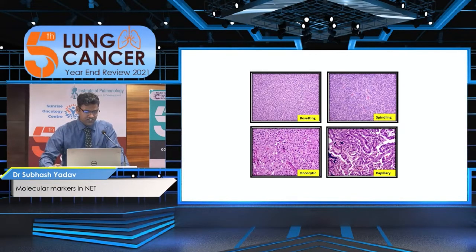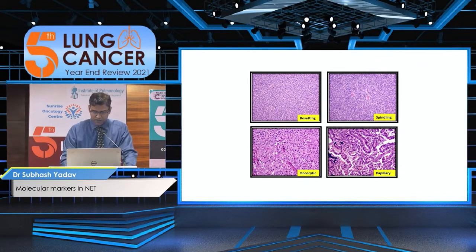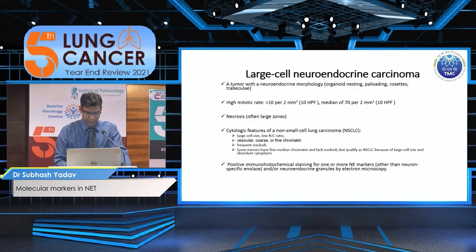Neuroendocrine tumors have a varied pattern. There can be rosette, spindle cell, oncocytic, papillary patterns. This may lead to a diagnostic dilemma. In large cell, it looks like any other epithelial carcinoma, but the mitotic index is high, more than 10. Then maybe there is necrosis, sometimes large cells, and in comparison to small cell, where there is scanty cytoplasm, crushed nuclear morphology, hyperchromatic cells, these cells usually have a low N/C ratio.